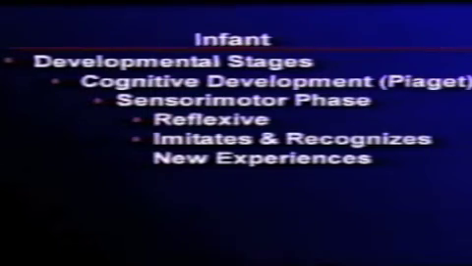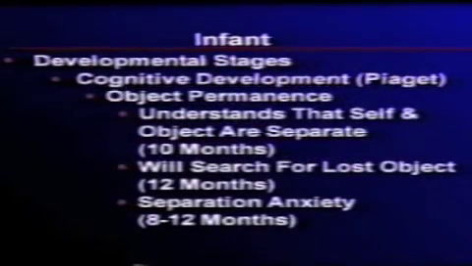A key thing here with infancy is object permanence. It occurs around 9 to 10 months of age, when the baby can identify that he himself and objects are separate.